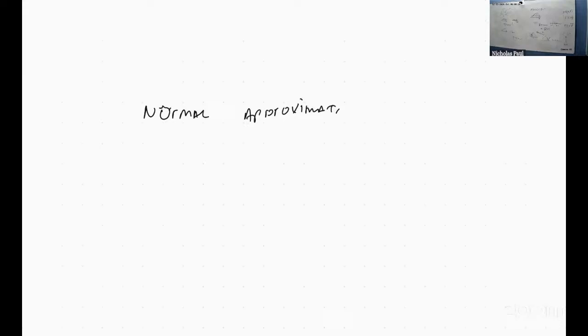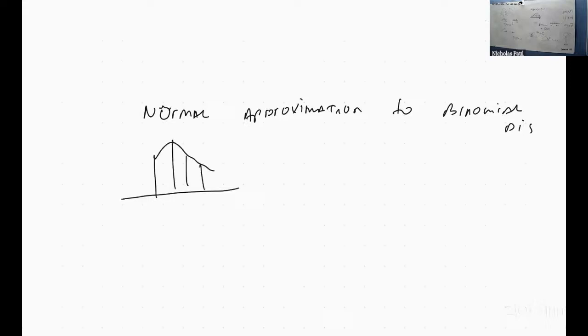Right, so here's what has happened. If you have a few values, just one or two, your binomial distribution might be shaped something like that. Not so normal. But as soon as you start getting more and more values, you would recognize that the shape of the distribution looks a little bit like a normal.